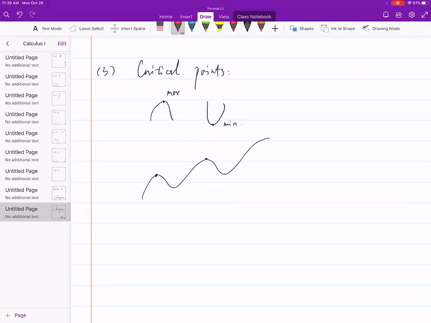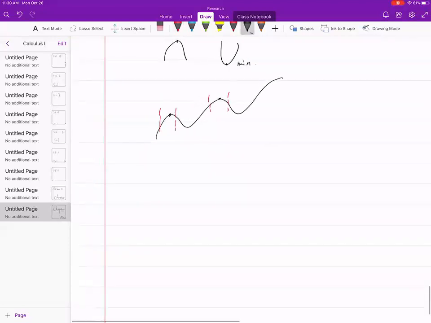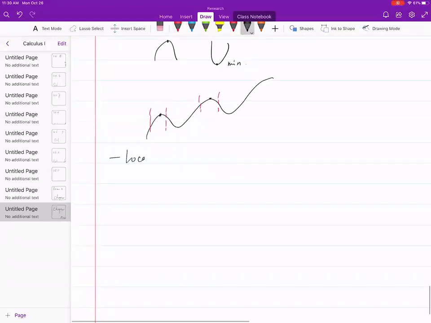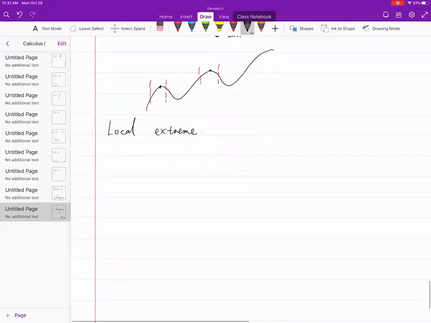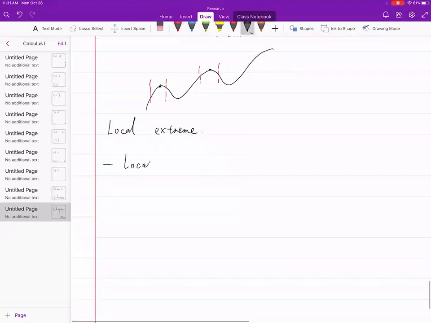It's only a maximum for a small period of time. Not all the time, but for a while. Make sense so far? Okay, for that reason, we give them a name. We call them local extremes, which means they're not the absolute extreme, but they're extreme for a small period of time. We have the local maximum.